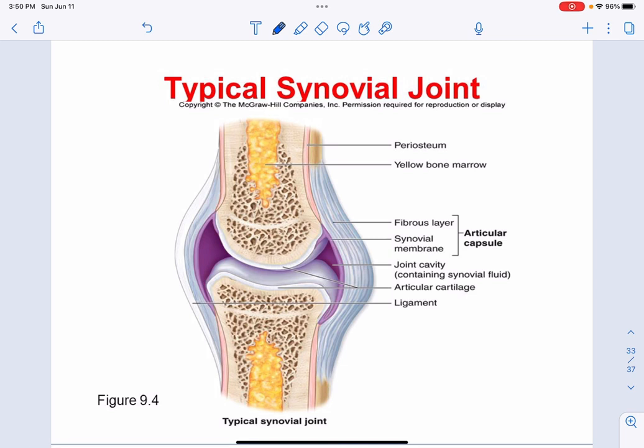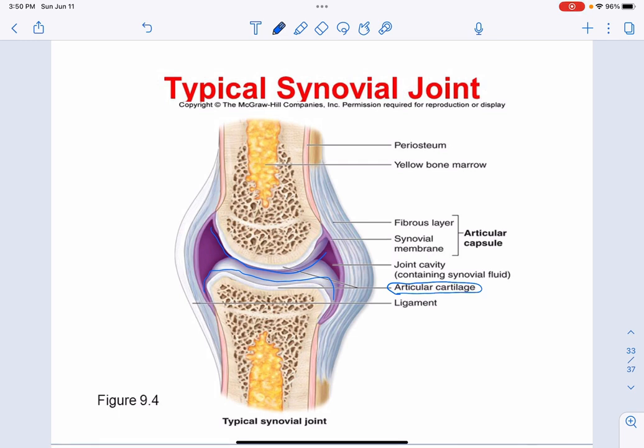So as I was telling you when we talked about long bones, we talked about the hyaline cartilage that's on the edge of the articulating surface of the bone. So this is what's called the articular cartilage. All right, that's a really smooth surface that's going to allow those two bones to come together and have that free movement that this synovial joint is going to provide.